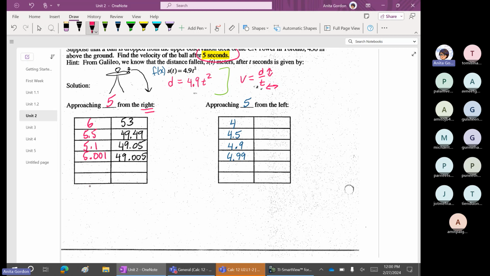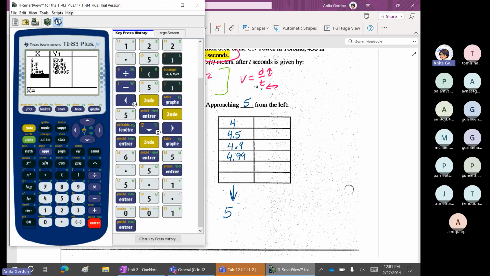So this is saying as we approach 5 from the right, and we're going to use a little plus sign as an exponent to signify we are larger than 5, getting close to 5, our velocity approaches 49. On the other side, as we approach 5 from the left, now because we're smaller than 5, I'm going to use a little minus sign, saying I'm approaching 5 from the left side.